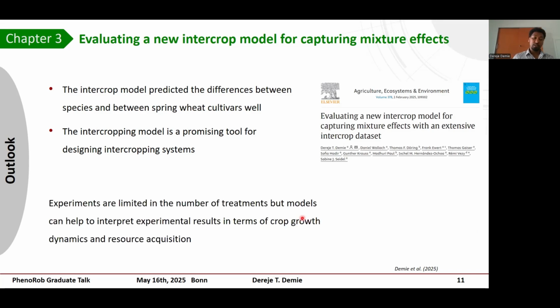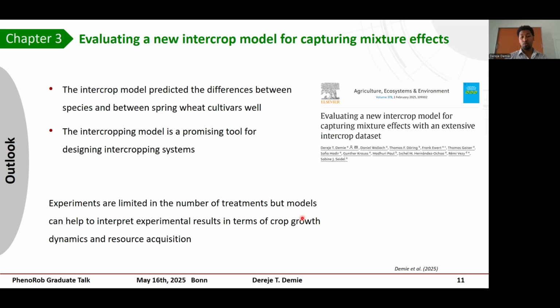So experiments are limited in the number of treatments, especially in intercropping systems, because they necessitate the inclusion of monocultures, which results in a curse of dimensionality if we need to test different cultivars. But models can help to interpret experimental results in terms of crop growth dynamics and resource acquisition, for instance.